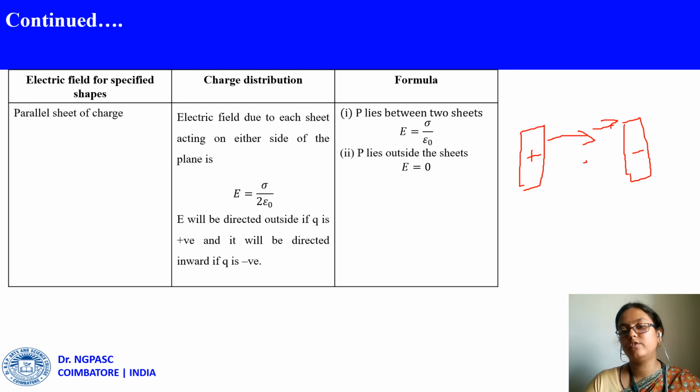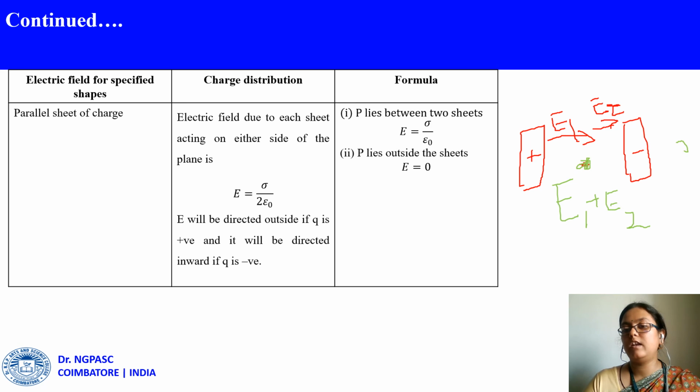So any point which is present here, let me say the electric field due to the positive charge is E1 and the electric field due to the negative charge is E2. So for any point in between the two planes, as the directions are same, it will be E1 plus E2. The field due to a plane charge is given by sigma by 2 epsilon naught. So when we add these two, it will become sigma by epsilon naught.